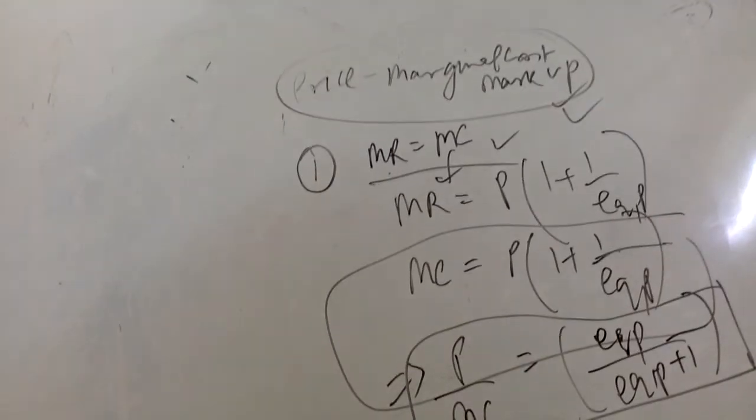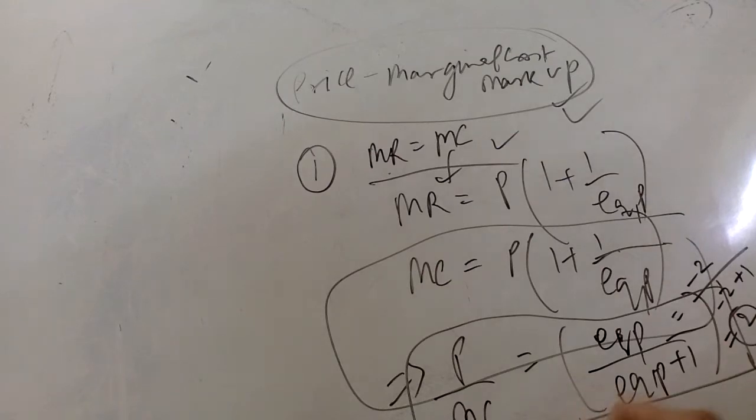Now if I put a value to elasticity, say it's -2, then we have -2 in the numerator, and in the denominator we have -2 plus 1. So this becomes 2, which means that price equals 2 times marginal cost.